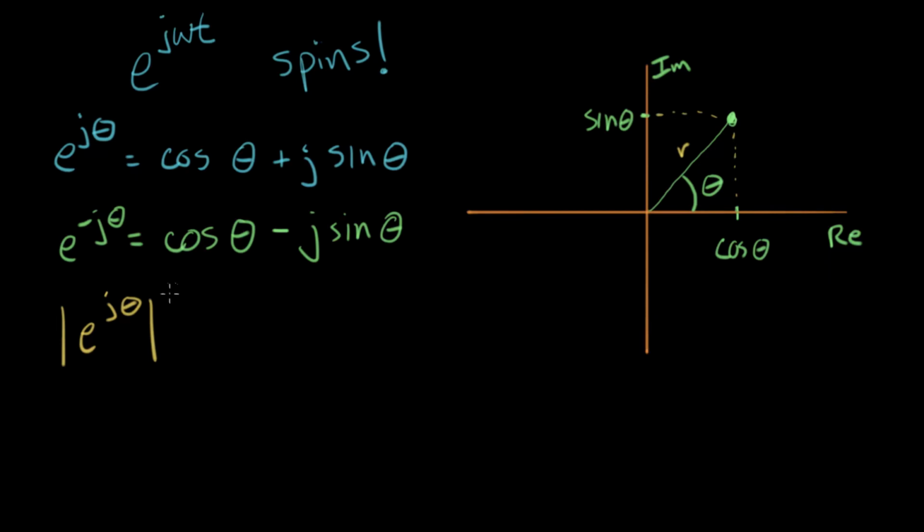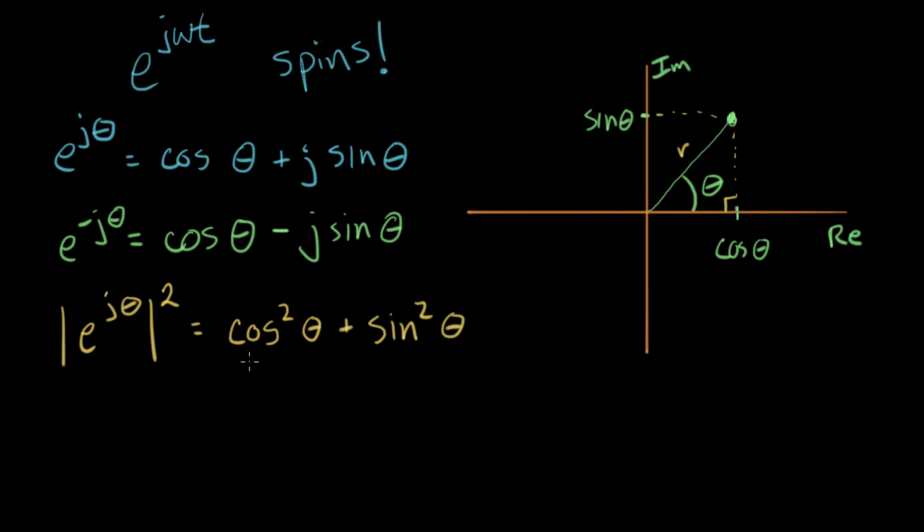What we know is r squared equals the x value squared, which is cosine, plus the y value squared, which is sine theta. So it equals cosine squared of theta plus sine squared of theta. We just applied the Pythagorean theorem to this right triangle right here.